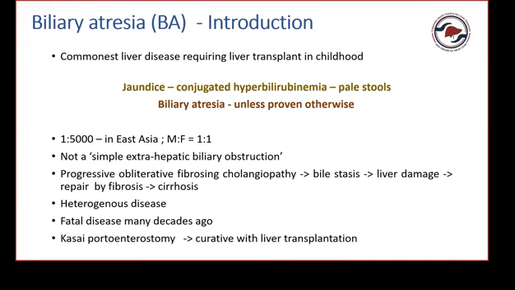It is a progressive obliterative fibrosing cholangiopathy, which causes progressive bile stasis, resulting in liver damage. Damage to the hepatocytes is replaced by fibrous tissue, finally causing cirrhosis and end-stage liver disease.